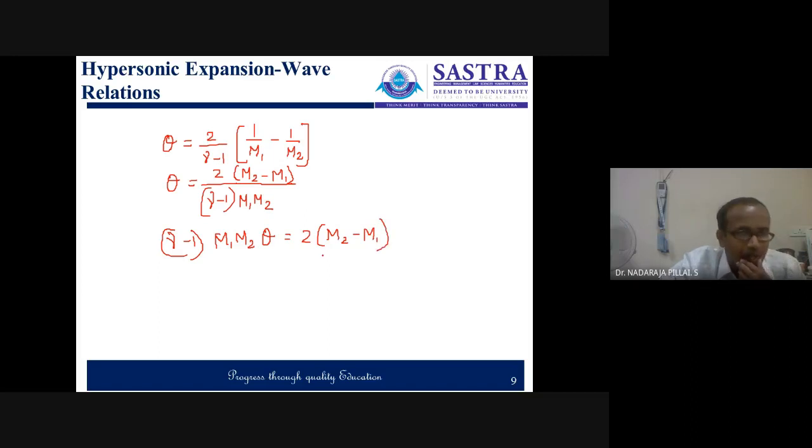And finally, you can rearrange this. This gamma minus 1 by 2 will come here, and by doing an approximation, M1 by M2 becomes 1, and here this M2 will go away. Then we will have 1 minus gamma minus 1 by 2 into M1 theta.